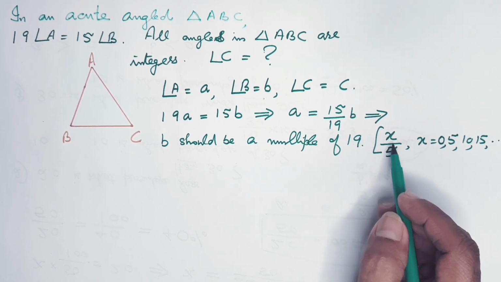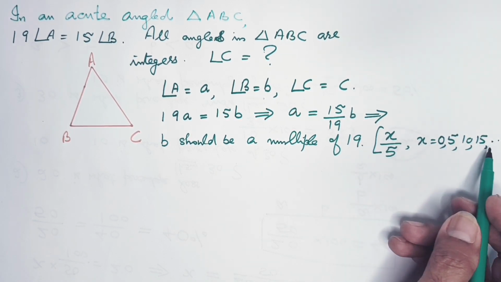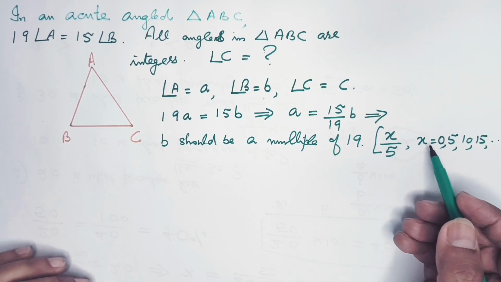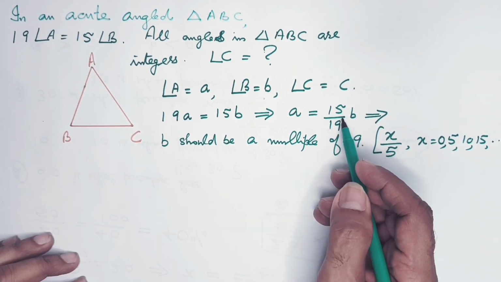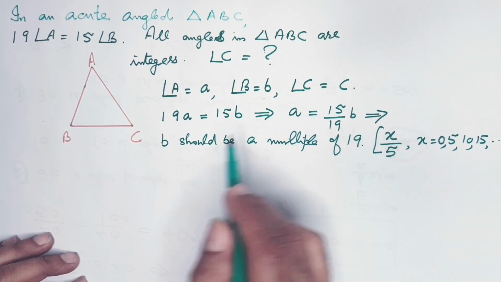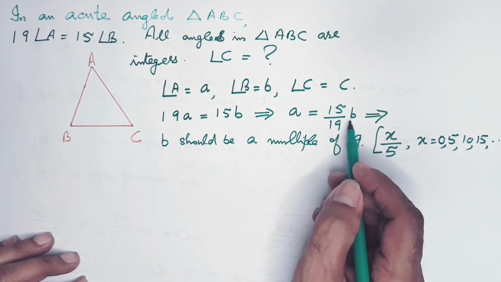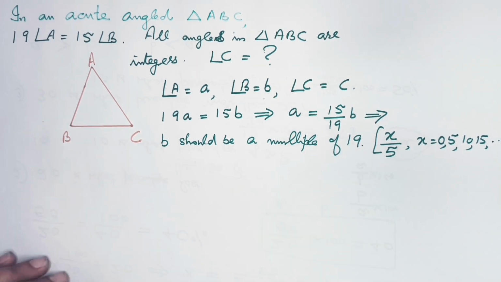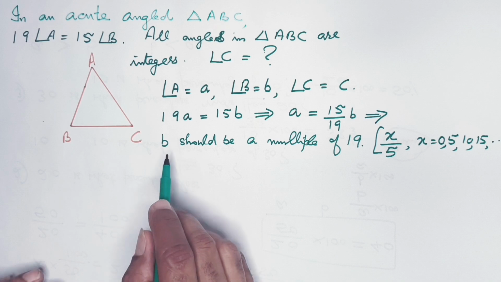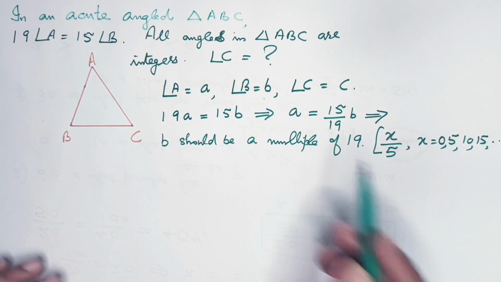Similarly, here 15B divided by 19 is an integer. Because A is an integer, the numerator has to be a multiple of the denominator. That indirectly means, since 15 and 19 are co-primes with no common factor, B has to be a multiple of 19.